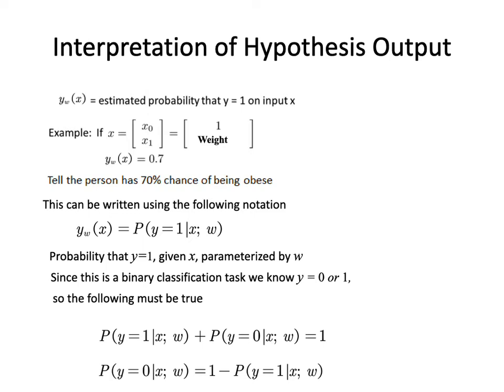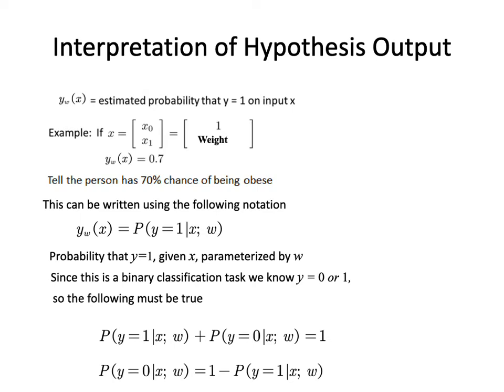Here, the probability that y is equal to 1 given x, parameterized by w. This prediction value, or our sigmoid function output or model output, can be written as the probability that y is equal to 1 given x, parameterized by w, or our weight.